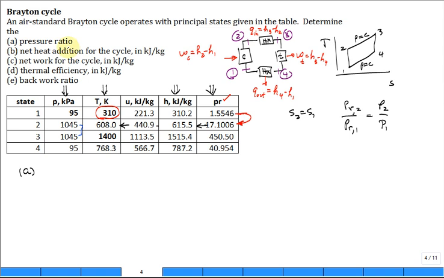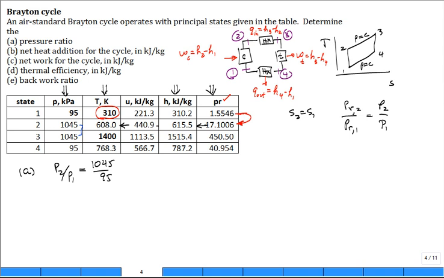Let's take a look at answering the first question, part A. What is the pressure ratio? Is that just P2 divided by P1? Is it just 1045 divided by 95? And guess what? Students say, no, it has to be more work. There has to be some more work. But no, that's the right answer. And what is that number if you do that ratio?